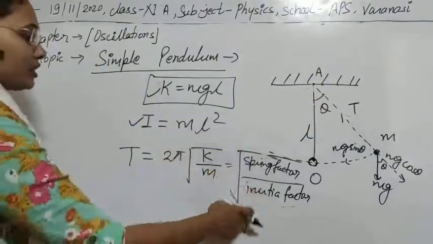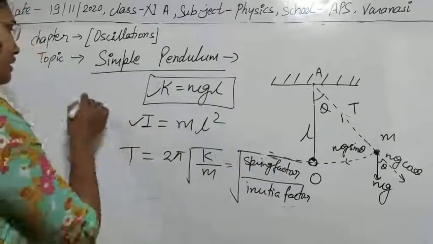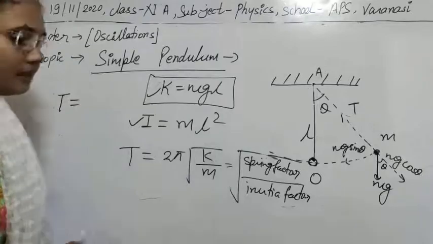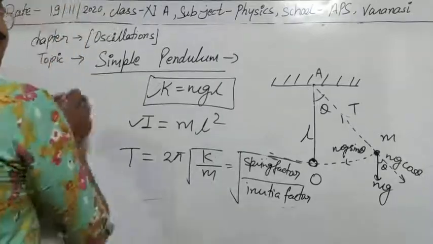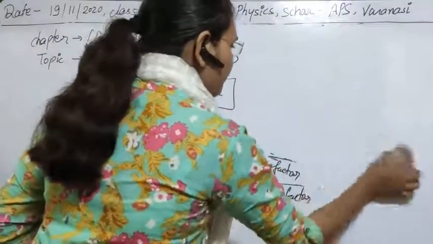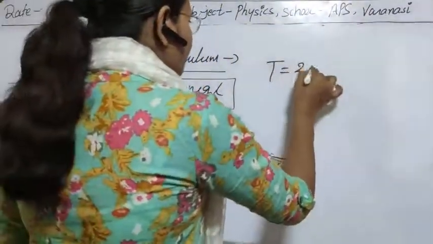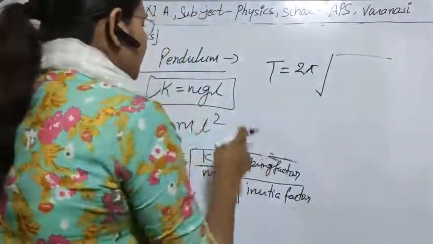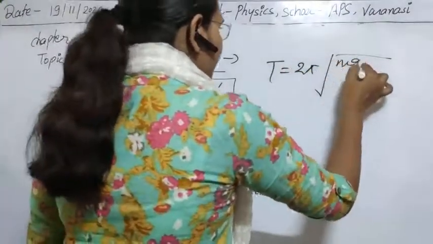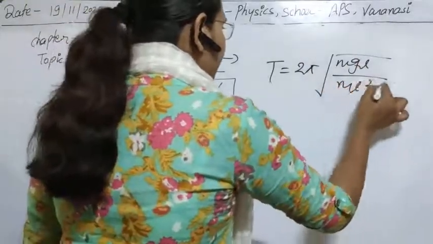If you put these values here, we can easily calculate the time period of the oscillation. So finally T will be 2 pi root of inertia factor, that is ml square, by spring factor, that is mgl.